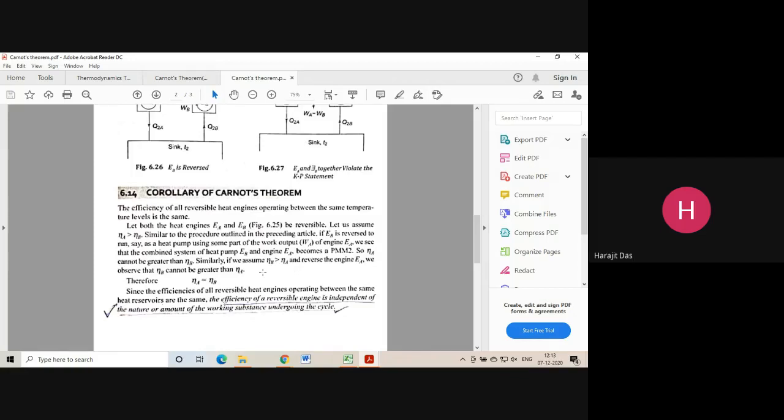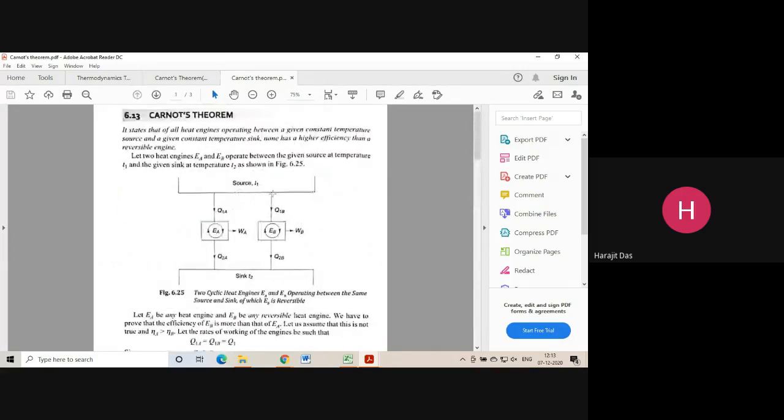But here, reversible refrigerators, reversible heat pumps or reversible heat engines will not depend on the quantity, the amount of the working substance. Understood? So it will always be the same.